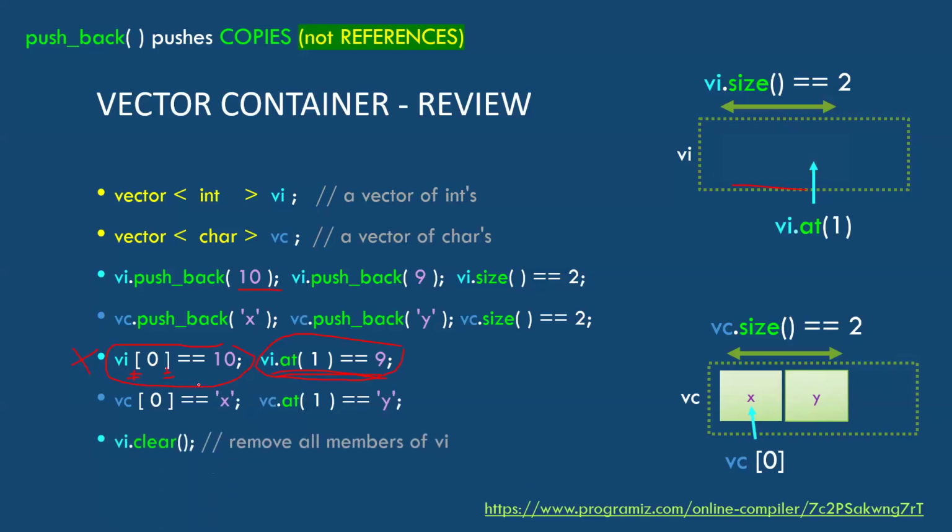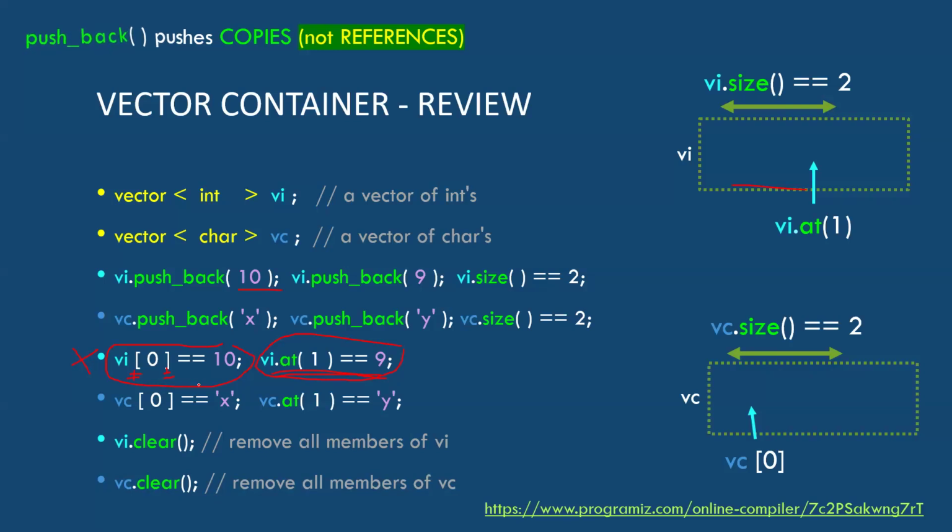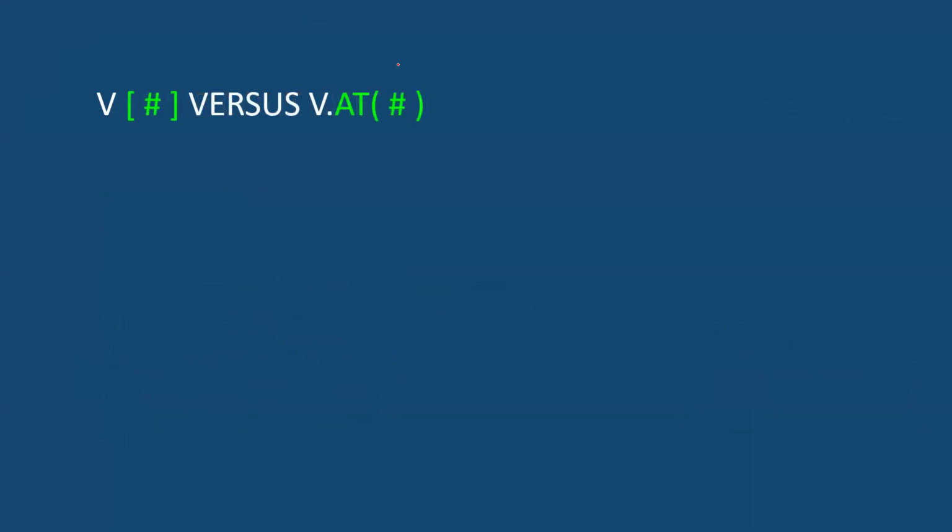Now, vc.clear or vi.clear is going to get rid of what's inside of vi, okay? So now our size has effectively gone to 0 on those two things, okay? So those are our basics for erasing everything inside there and comparing things. Just remember that we're pushing back copies of stuff, okay? Remember that truism about push_back, okay?